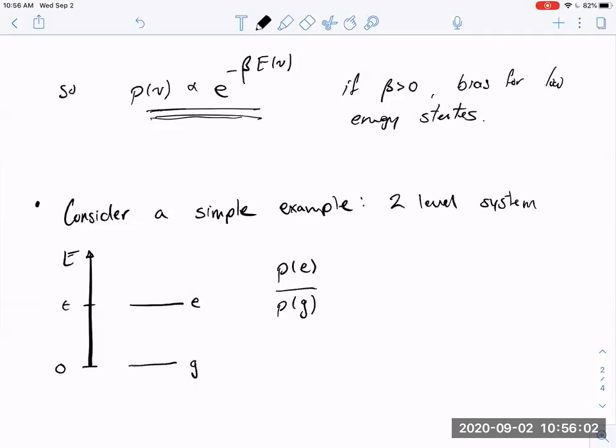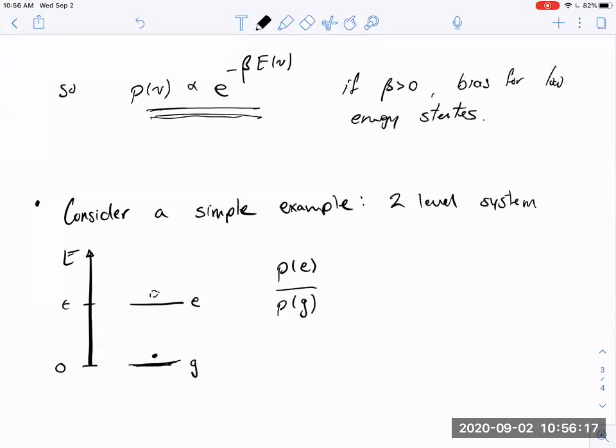It's maybe worth noting that in a two-level system, the state of the system, what nu is, just labels whether the state is in that ground state or in the excited state. So in fact, the microstate is uniquely defined by just one number or one subscript, G or E.